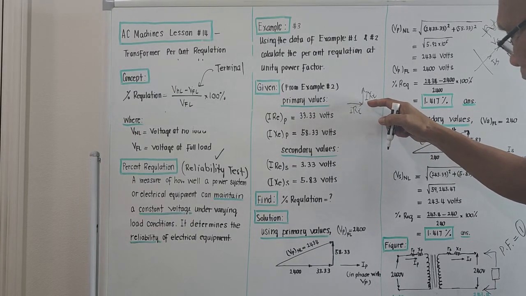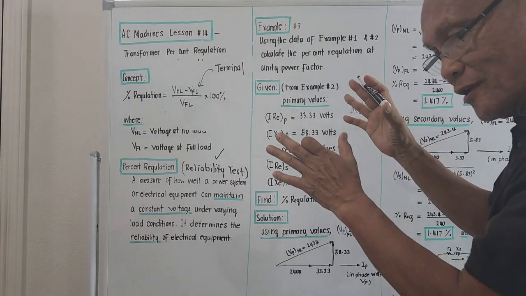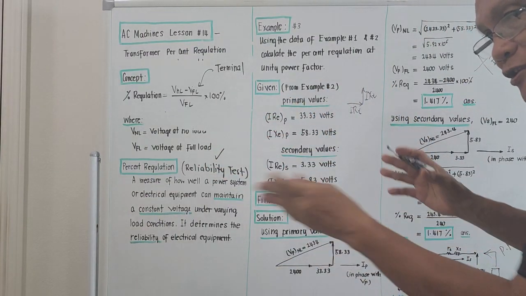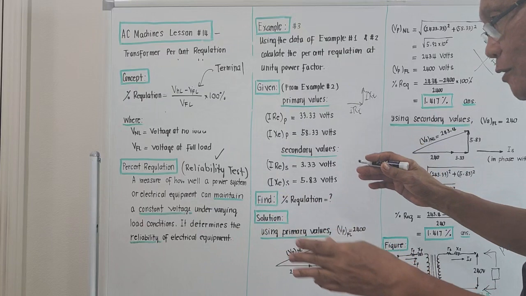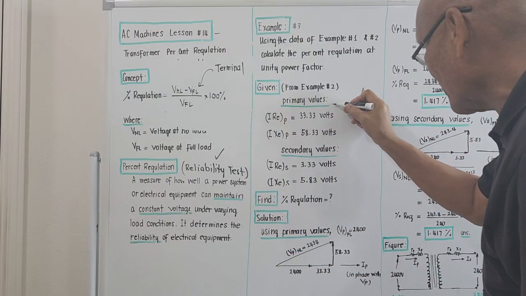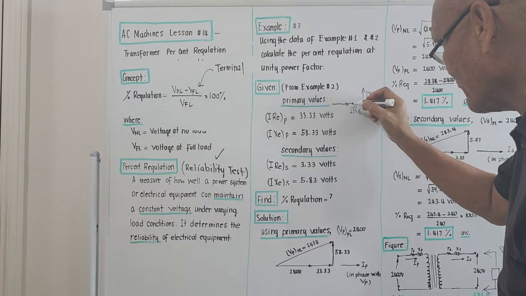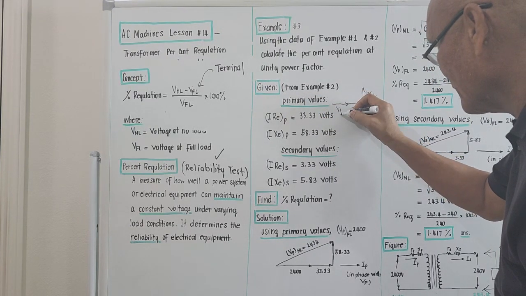We are to add these two voltages here to the given terminal voltage to compensate for the drop. If we place the other voltage here, considering primary, this should be VP, right?